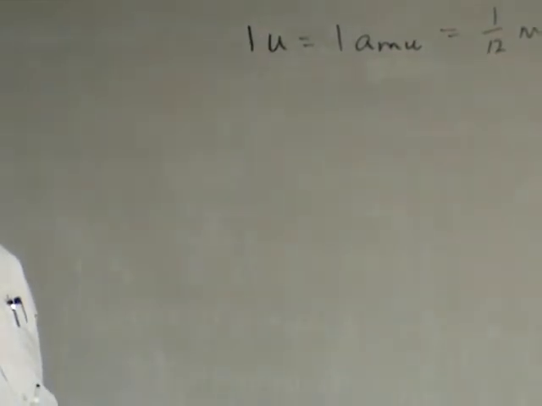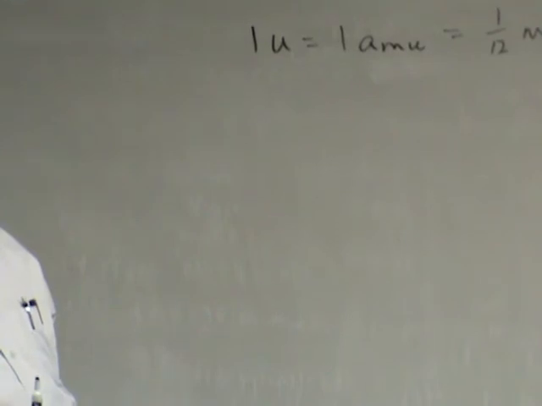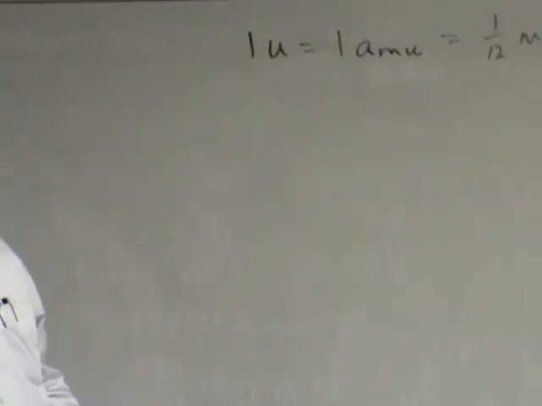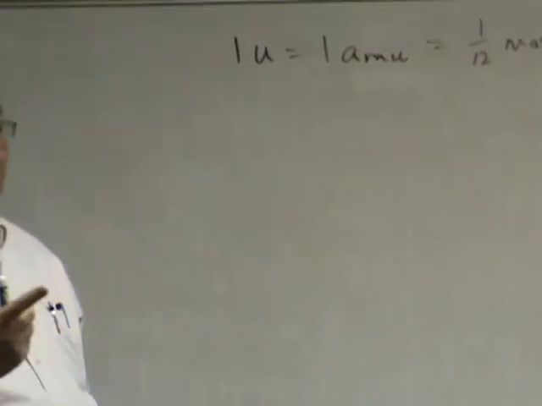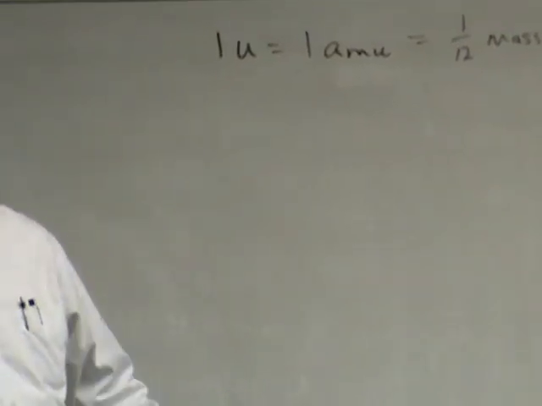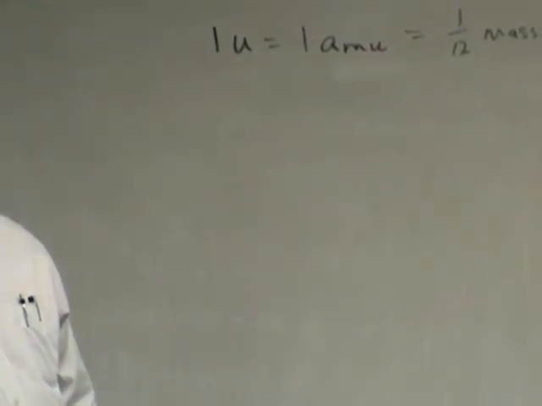What are they doing to this atomic mass unit if they're equating it to energy? Is anyone thinking they are converting it into energy? Yeah, that's what that conversion is.